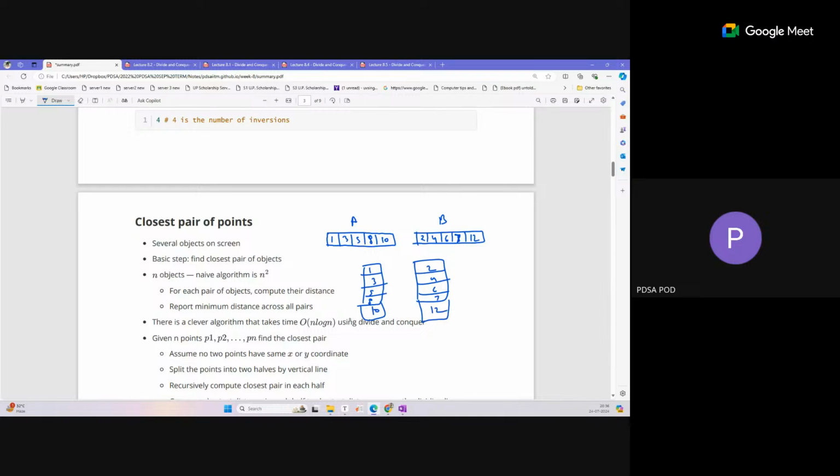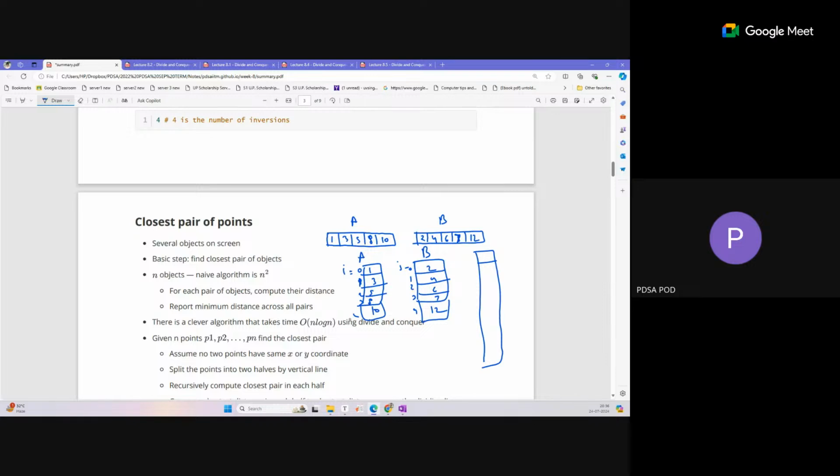How does merging happen? We take an i pointer here and a j pointer here, at indices 0, 1, 2, 3, 4 and 0, 1, 2, 3, 4. Then we start comparisons, and we have the final list. We compare the A ith element and the B jth element, see which one is smaller, move that element to the final list, and move the pointer of that list.